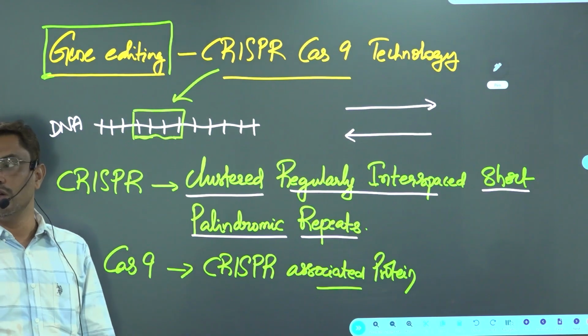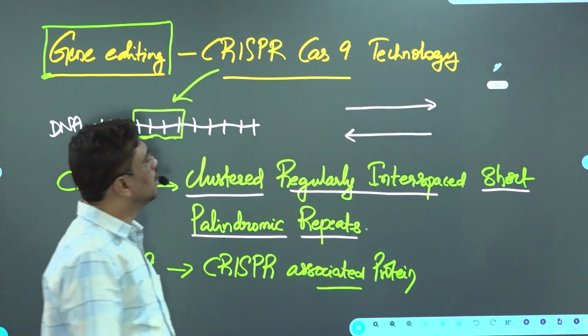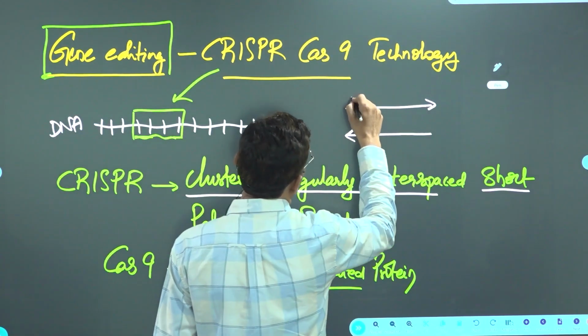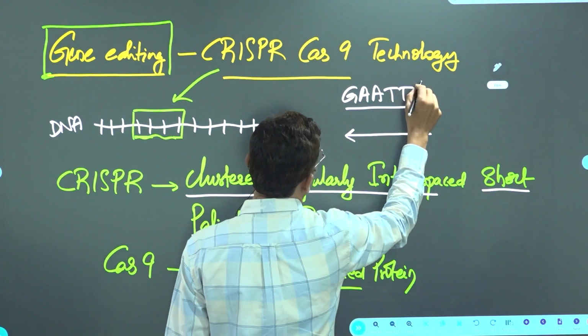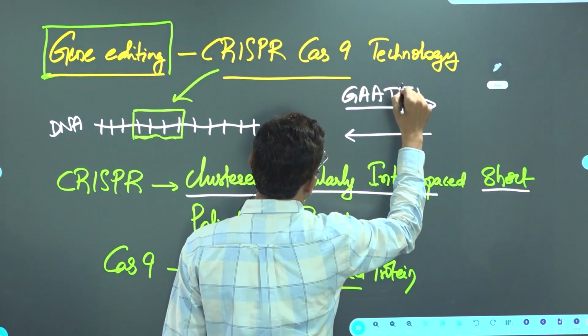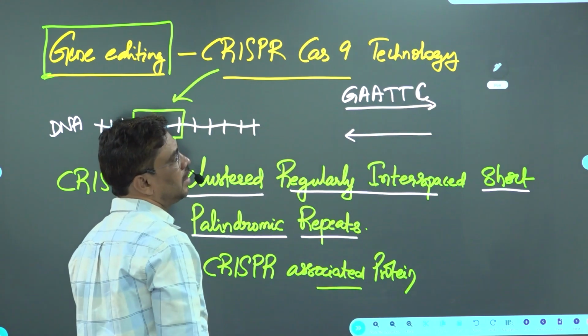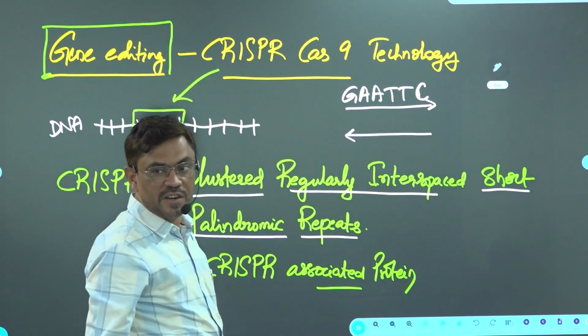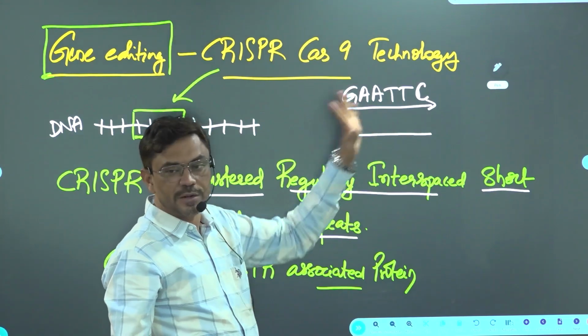Suppose, for example, if you consider the DNA sequence GAATTC. This is one sequence of nitrogen bases in the DNA: guanine, adenine, thymine, cytosine.